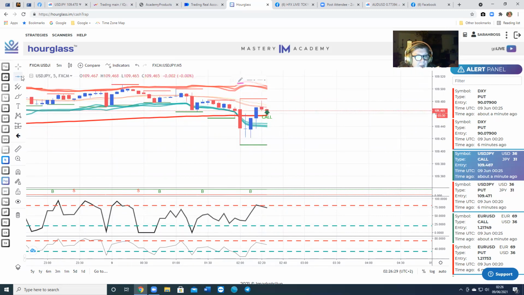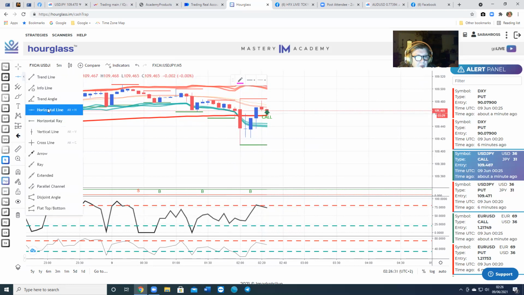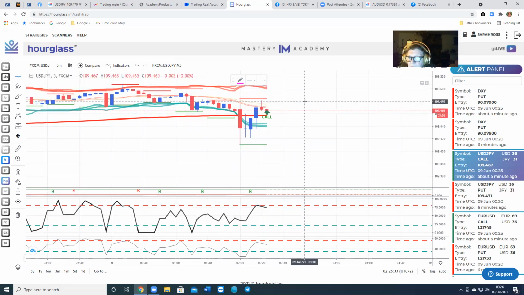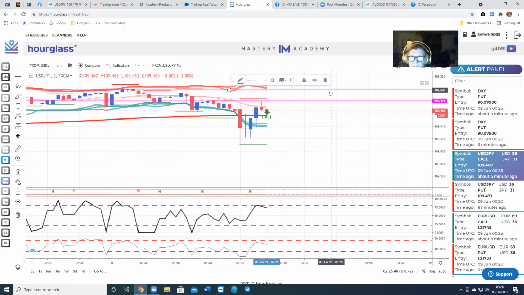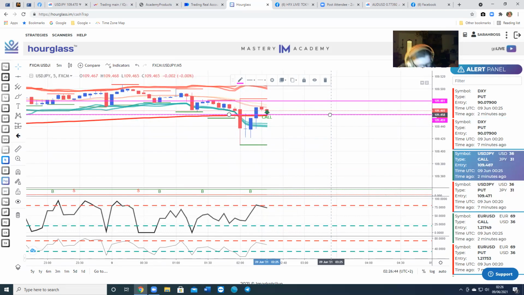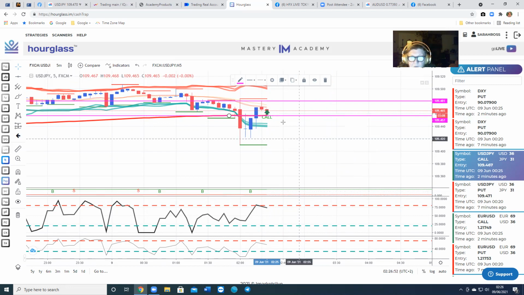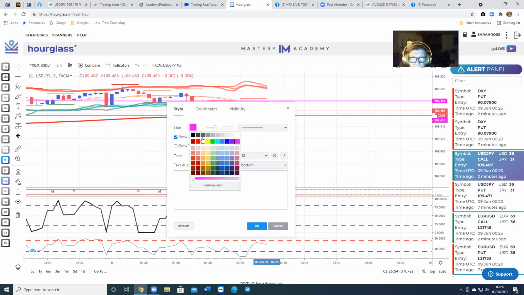So I'll just pop on a couple of lines to show you, because I'm going to possibly take a trade on the half past. There's that 481 line. Let me clone that. 481, and I had 457 as a lower line for price to go down to. So I'm going to change that to blue.